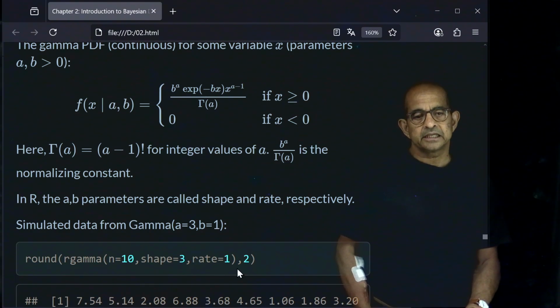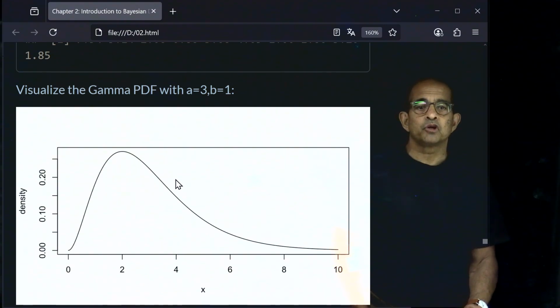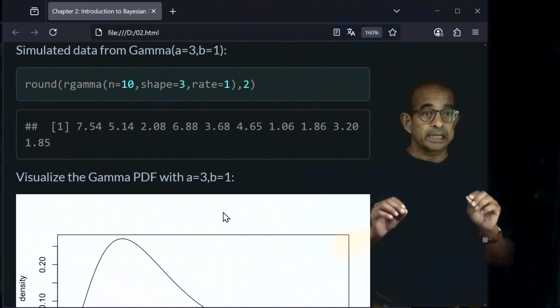If I set the A and B parameters here, I can produce 10 random data points, which would look like this. This is a continuous distribution. It's not a discrete distribution. That's why I've got a continuous line here to represent the gamma distribution. So this is how I would visualize the gamma distribution.